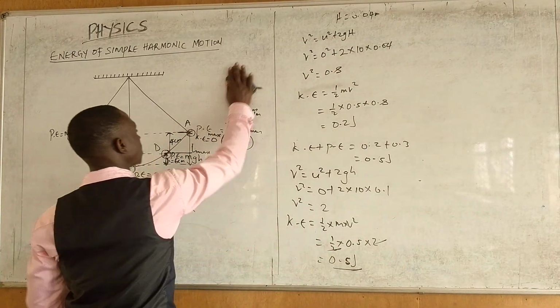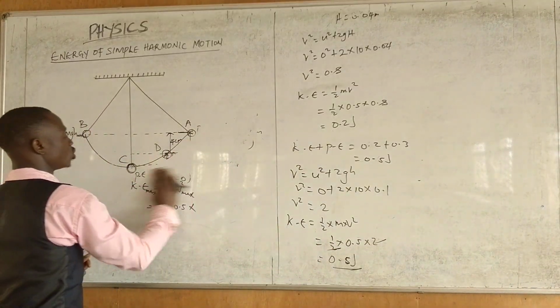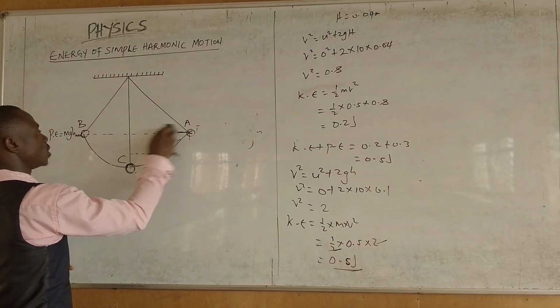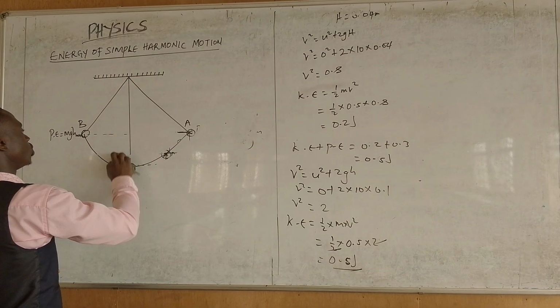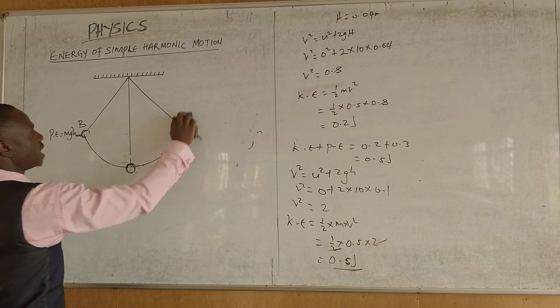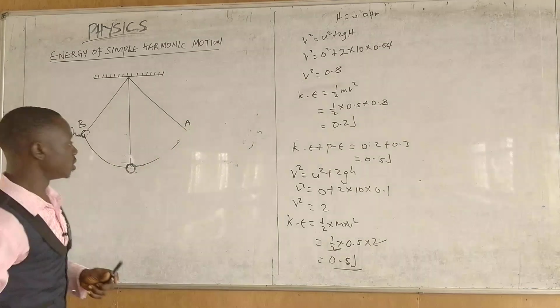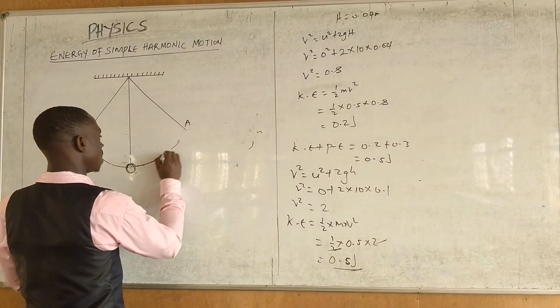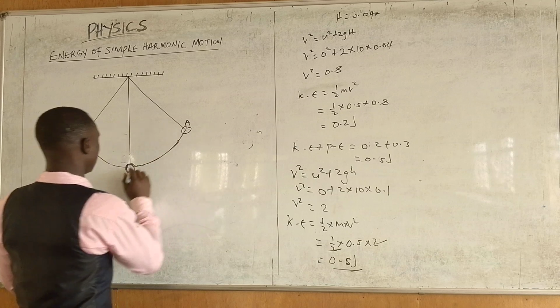So in exams, at times they may ask you to draw a pendulum bulb and show how the energies fluctuate, the changes in energy along the path of the bulb.